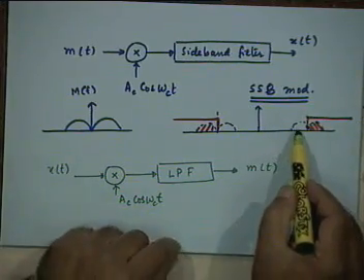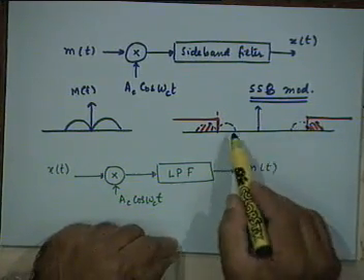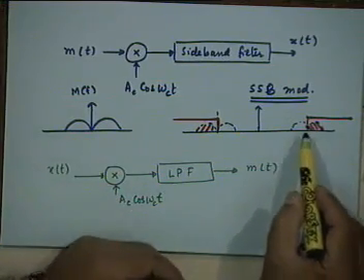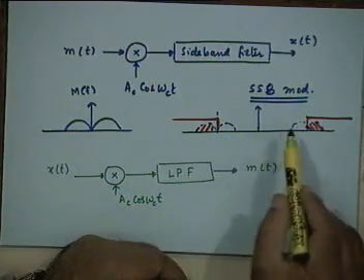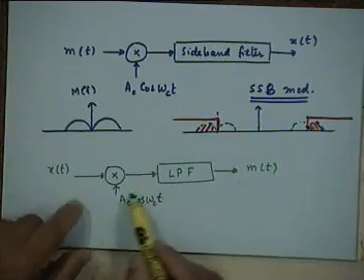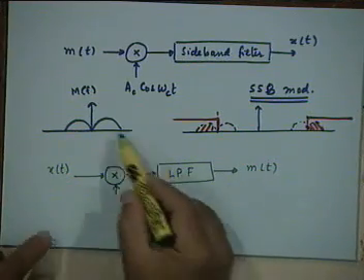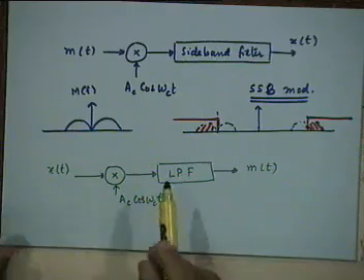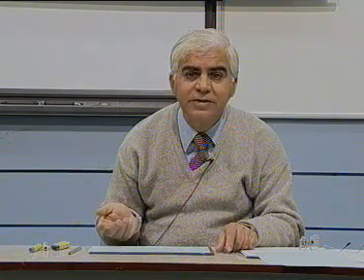And the same argument you can repeat when you retain the lower sideband rather than the upper sideband. Please convince yourself that if you transmit the lower sideband, once again the same demodulator would reconstruct your message signal back. Okay? So whether you are transmitting the upper sideband, the lower sideband, or the double sideband, your demodulator remains the same. We'll start from this point next time. Thank you very much.